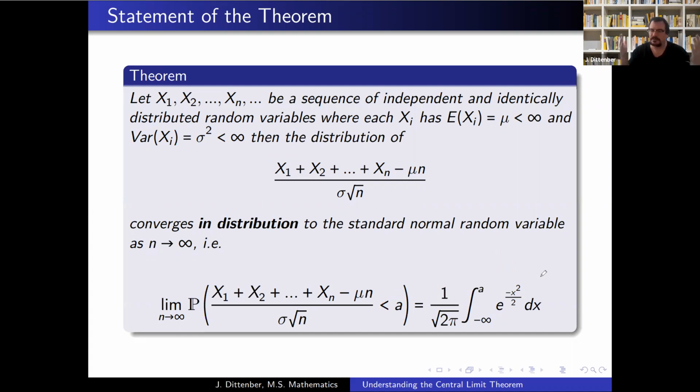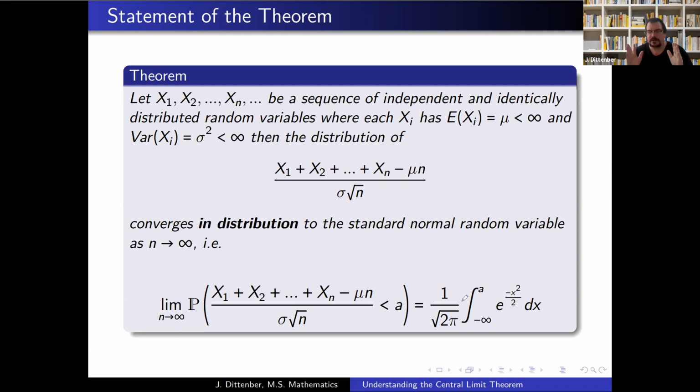That's amazing. This is one of the beautiful things about mathematics and statistics. We can get samples from any sort of distribution, and if they can meet these conditions, then we can calculate their probability using the standard normal distribution. Okay, so that's the statement of the theorem.